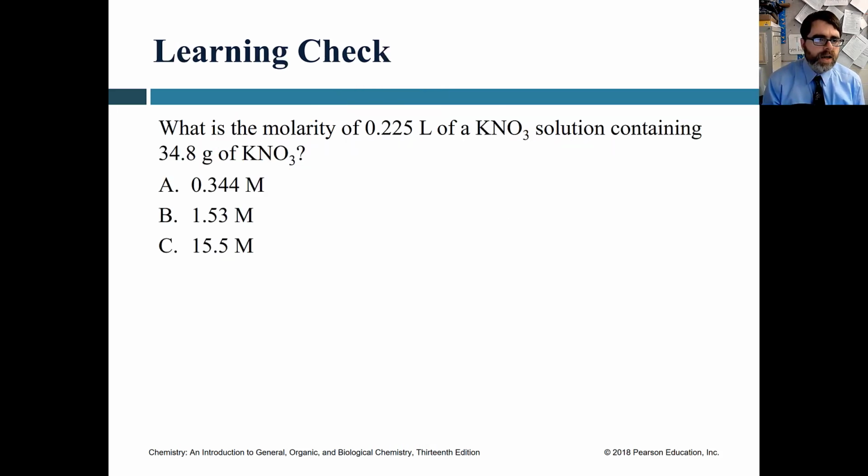This one here, we're given a mass, a volume, and we want to solve for molarity again, just like the last problem. So it's going to be 34.8 grams of KNO3 that we start out with.